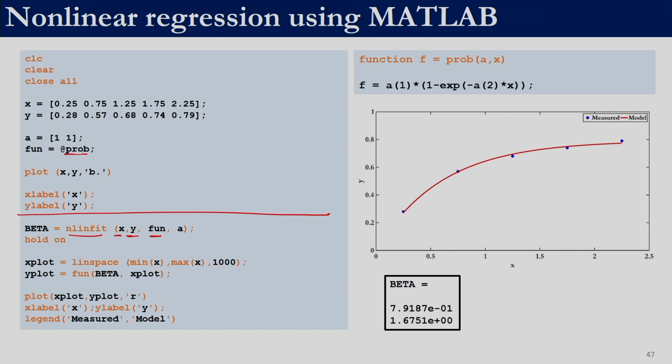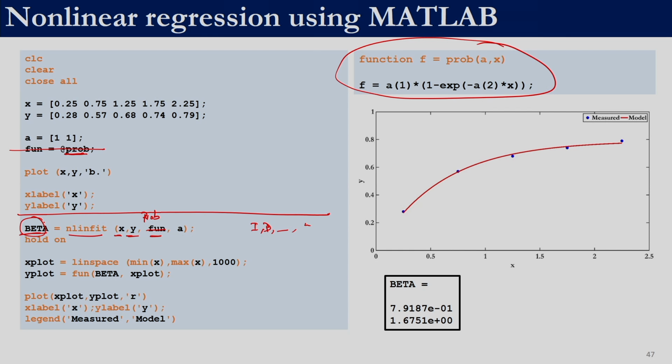We wrote it in prob and assigned that to fun. So the independent variable, the dependent variable, followed by the function where we have the problem written, comma, the initial guess. If you had a problem involving 5 parameters to be determined, then a would be a 5 cross 1.